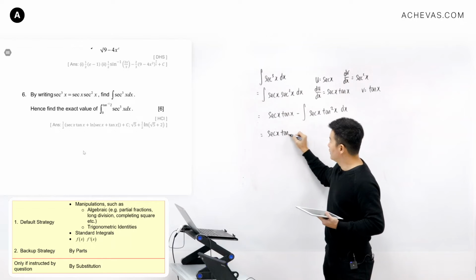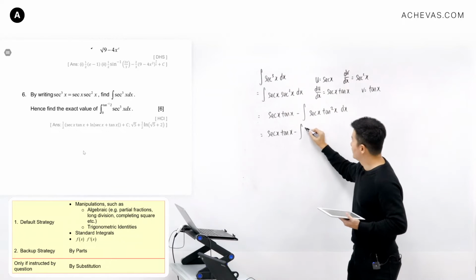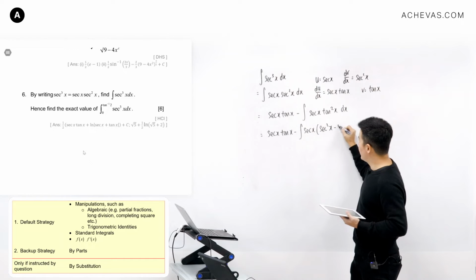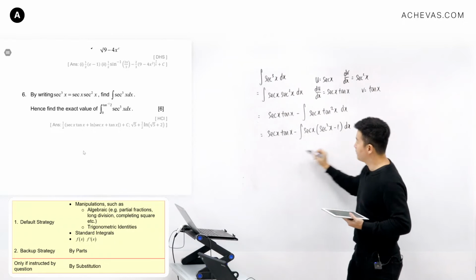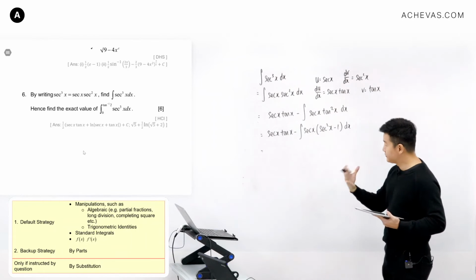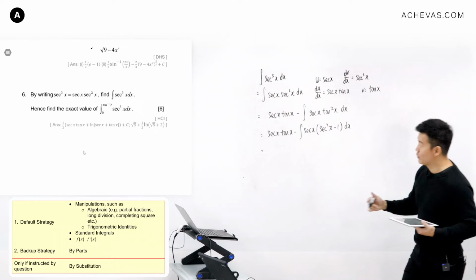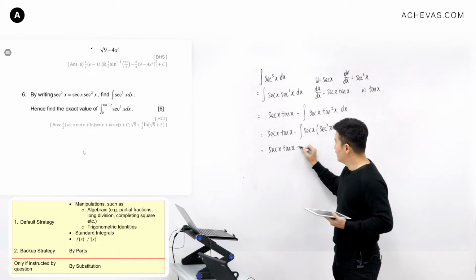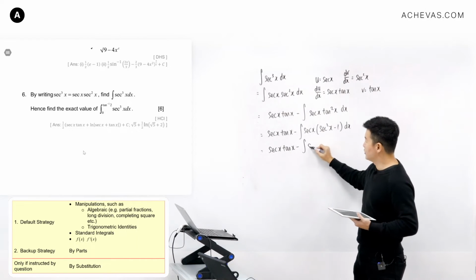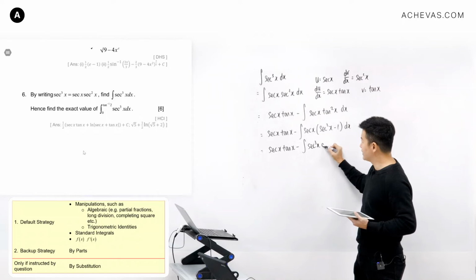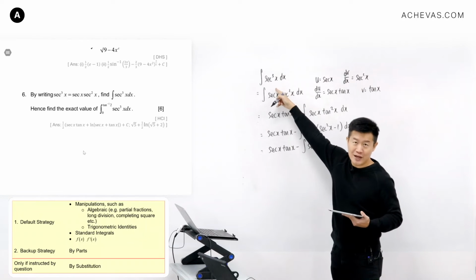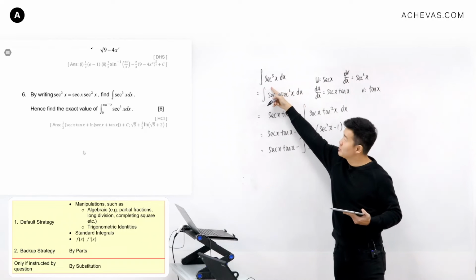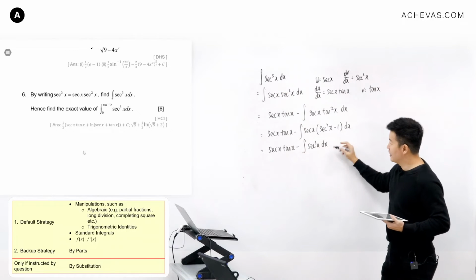So we will have this minus, this is secant x, and this is secant square x minus 1. In fact, I can see the potential of us integrating this already, because we have this, then this is going to be secant cube x, which reappears again. Whatever we were supposed to integrate reappears again here.